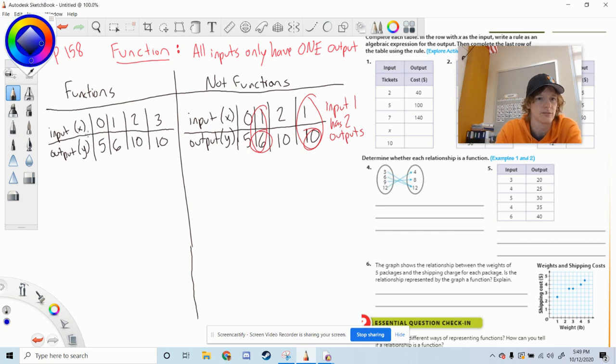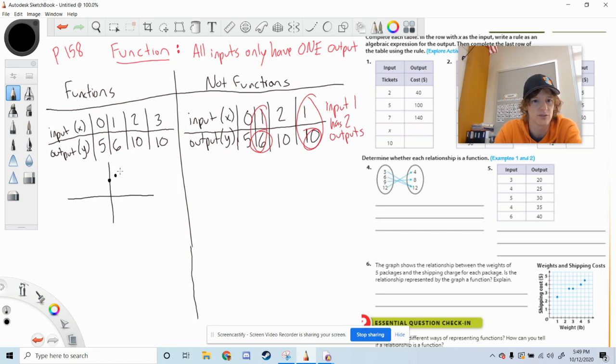Okay, so let me now show you what this would look like on a graph. And I'll use these exact same examples. So we have the point 0, 5. It's about right here. We have the point 1, 6. It's about right here. The point 2, 10. And the point 3, 10. Okay. And when we look at a graph, we're going to do something called the vertical line test.